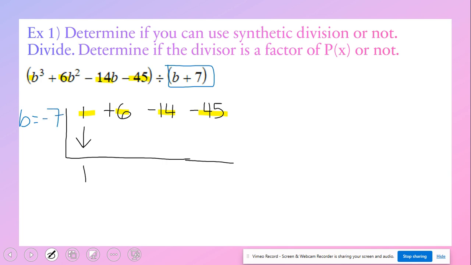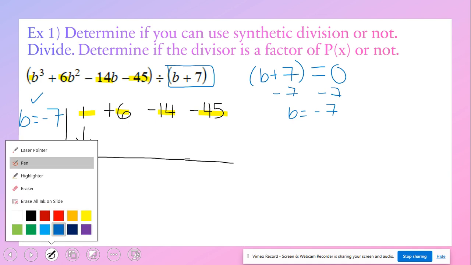We have the potential factor of b plus 7, and if it is a factor, that means we get an x-intercept. If we have an x-intercept, we have a 0, and we find zeros by setting them equal to 0. So if I take away 7 on both sides, that's how I get b equals negative 7. So not only is it opposites, tying into how we know graphs look, but it actually comes from this arithmetic.